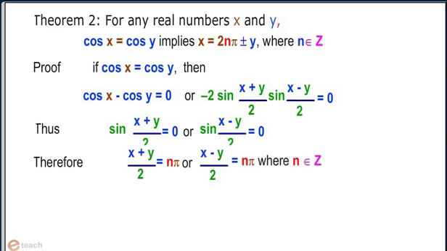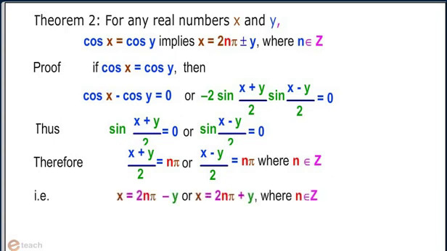Therefore, (x plus y) by 2 equals n pi, or (x minus y) by 2 equals n pi, where n is an integer.